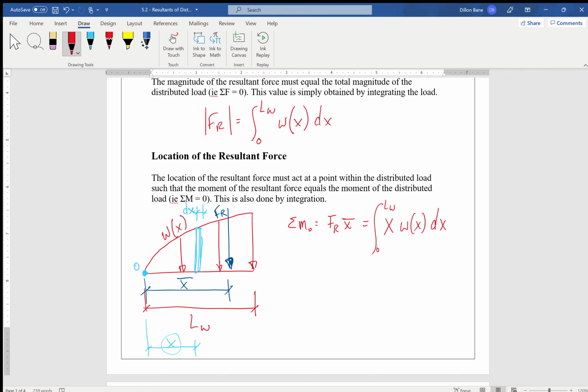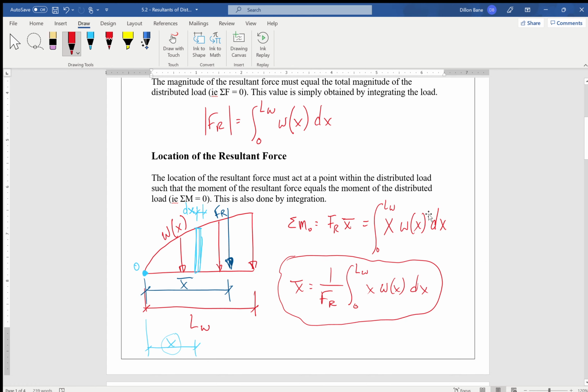If we rearrange this to find x bar, which is the end game, what we're trying to find, we find that x bar is just 1 over FR times the integral of x W of x dx.